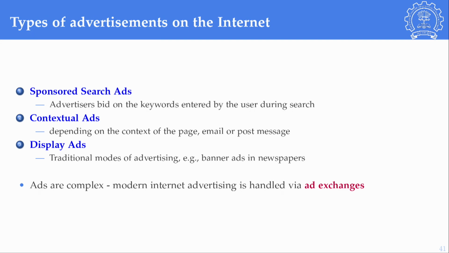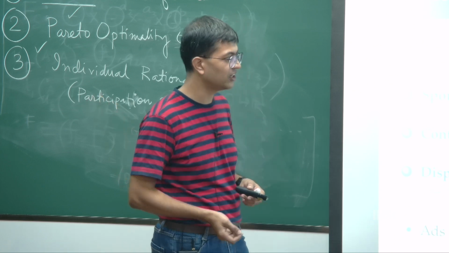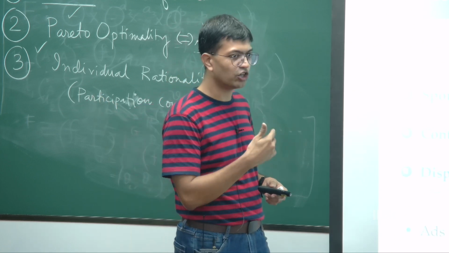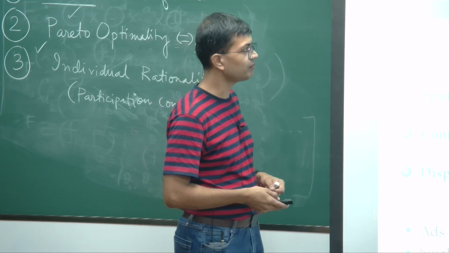If you search something on Google, you see that the search finished in 0.00002 seconds. Within that amount of time, you have to run your auctions and finally show those ads to the people. It has to be fast.